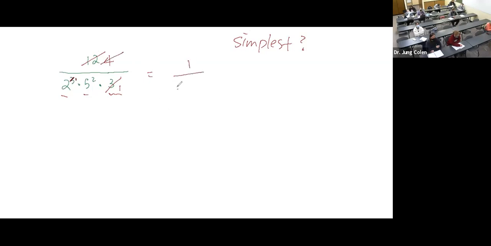It's actually 1 over 2 times 5 squared. Now this is the simplest form, and we don't see any 3's there. We only see 2 or 5 in the denominator. You see that? So yes, this is actually a terminating decimal.